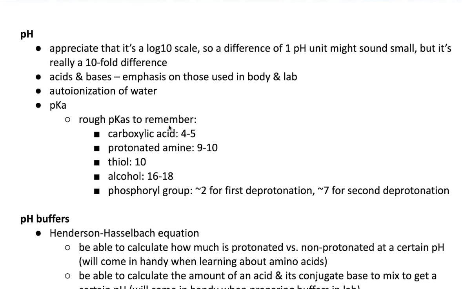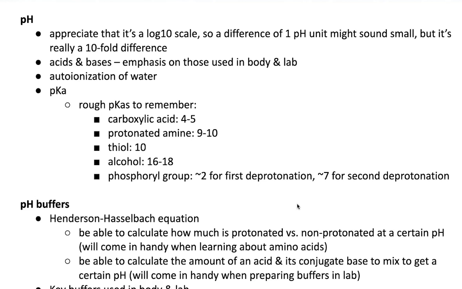Some rough pKa's to remember are: carboxylic acids about 4 to 5, protonated amine about 9 to 10. We'll see these in our amino acids. A thiol group, like your cysteine sulfur, has a pKa of about 10. An alcohol, a pKa of about 16 to 18. A phosphate group, about 2 for the first deprotonation and about 7 for the second deprotonation.